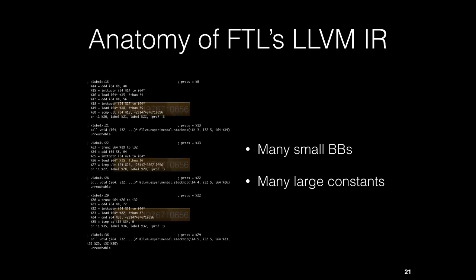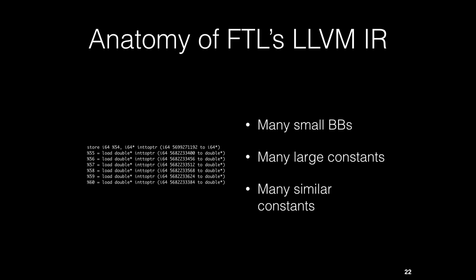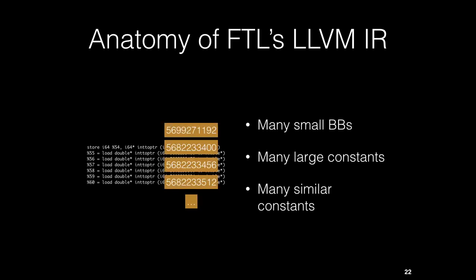Another thing is, to do the type checks, we normally check the upper 16 bits, which is the tag, and that is a large constant on x86. So we have many large constants which happen to be always the same in each basic block. Also, by the time we JIT the code, we know where all the objects are in memory.